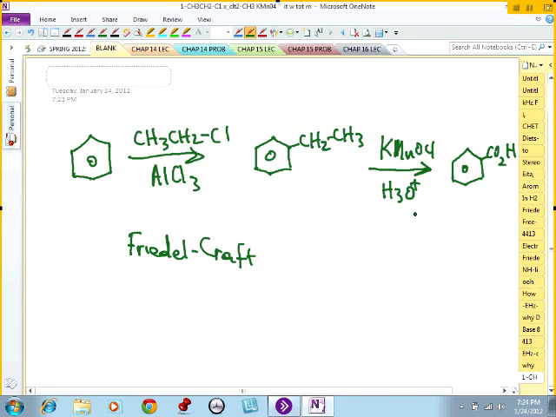Anytime you have any kind of alkyl group attached to benzene, and you react that molecule with potassium permanganate in acidic medium, you are going to oxidize that alkyl group all the way to a carboxyl group, no matter how big the alkyl group is.